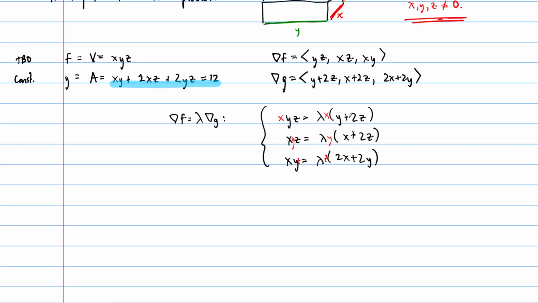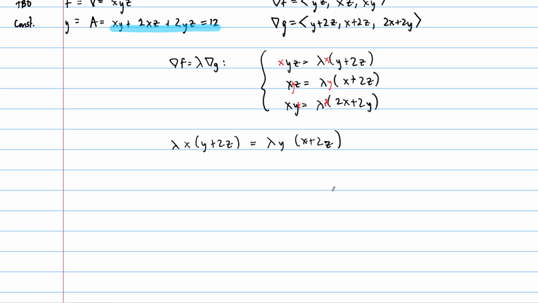And then pairwise, we can set these equal to each other. So we get lambda times x times y plus 2z equals lambda times y times x plus 2z. Notice here, whatever lambda is, it cancels as long as lambda is not 0. And by the way, lambda is not going to be 0, because x, y, z are not 0, so there's no way lambda could be 0 to satisfy these equations.